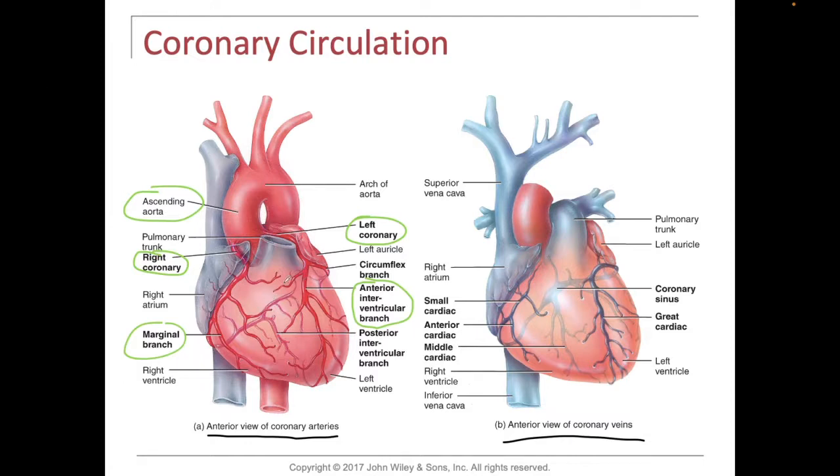Along the posterior side, coming around off that left coronary, there's a circumflex branch that kind of goes around and wraps around.